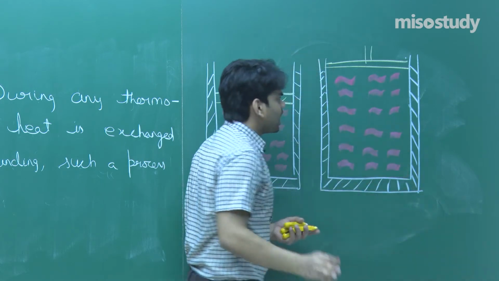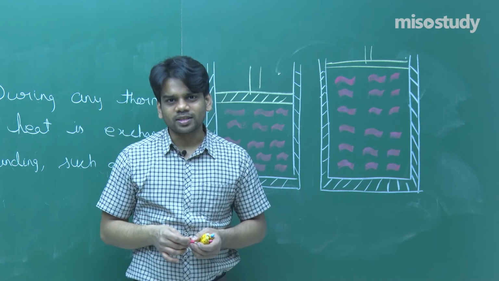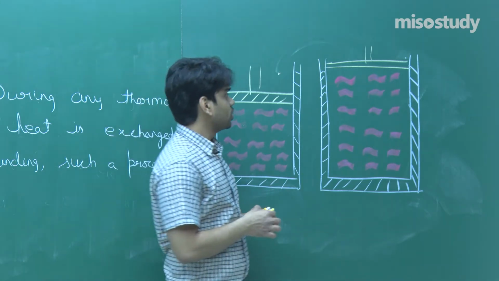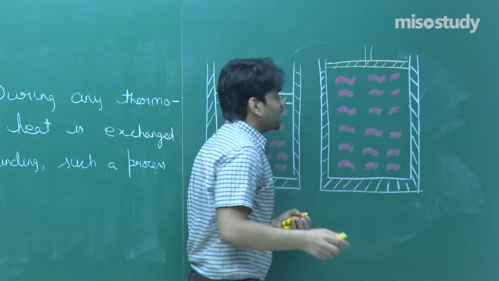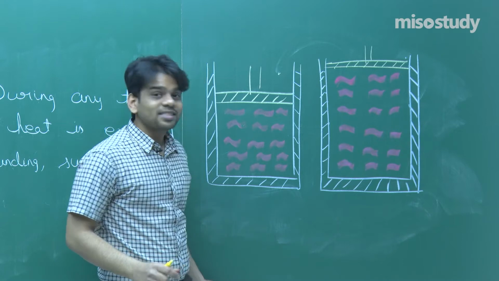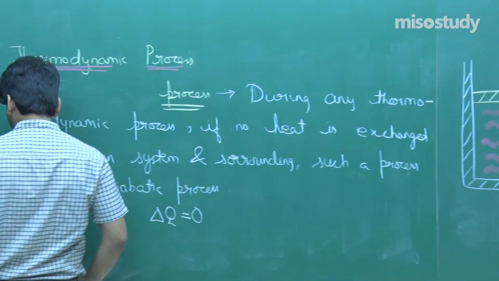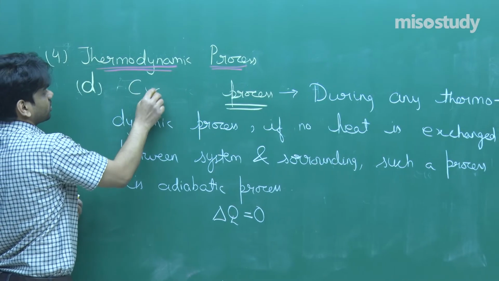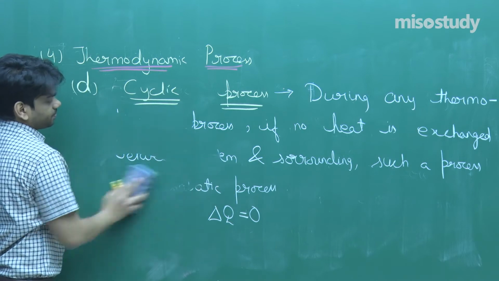Simple, easy, and need not worry about all these processes. I am using the term work done, and I will tell you what is the work done in each of the processes that we have just understood. Last but not the least, that is the cyclic process. Quite an easy one. Now, in a cyclic process, what will happen?